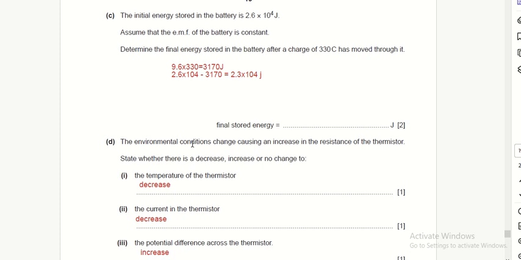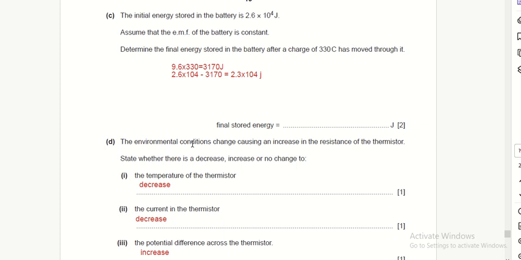Energy stored in the battery: how will it change if a charge of 330 is transferred? We know that V equals E over Q, where V is the potential difference or voltage drop, E is the energy in joule, and Q is the charge.